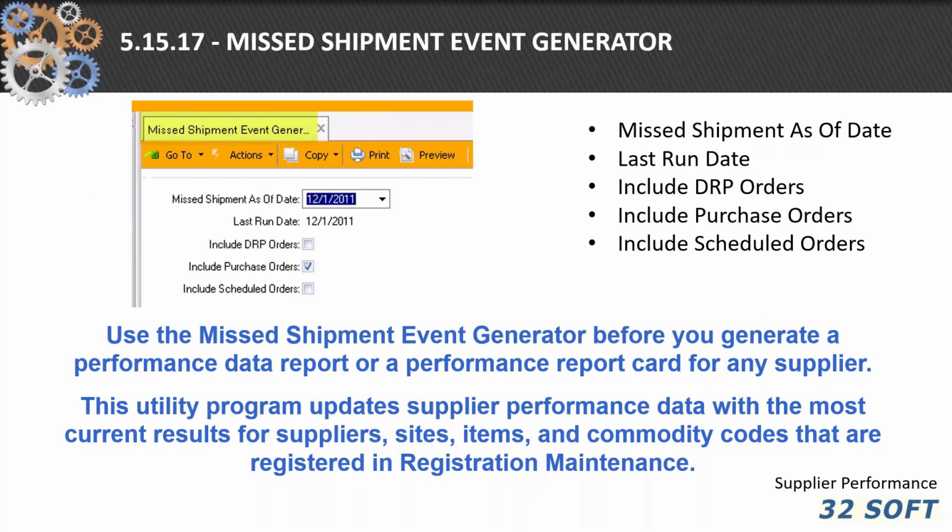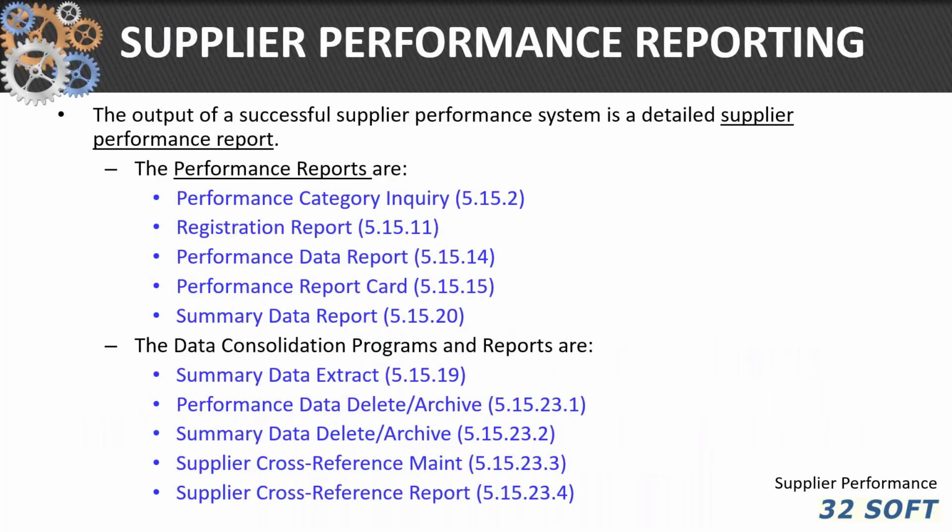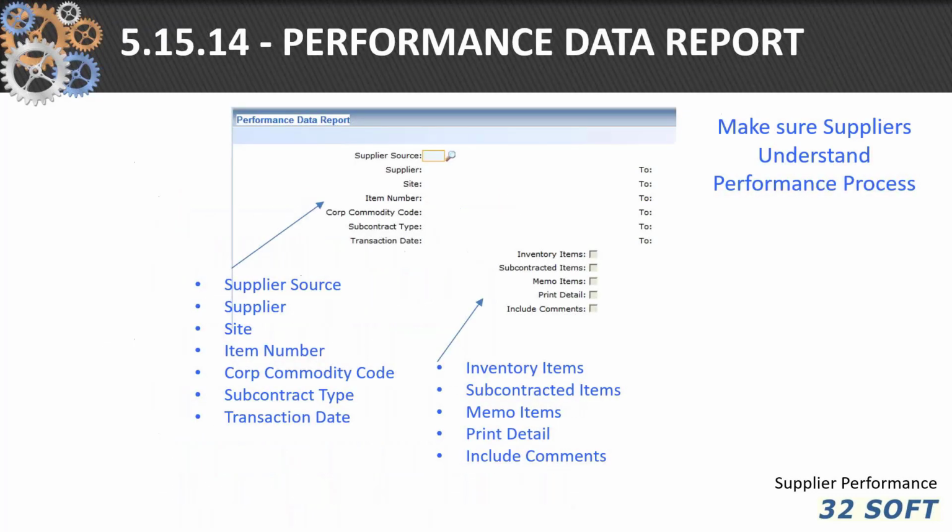In 5.15.17 is the missed shipment, and you want to run this before you generate the performance report card, so it goes in and looks up all the pertinent activity for a particular month. And then you've got lots of different reports that you can generate for your supplier performance.